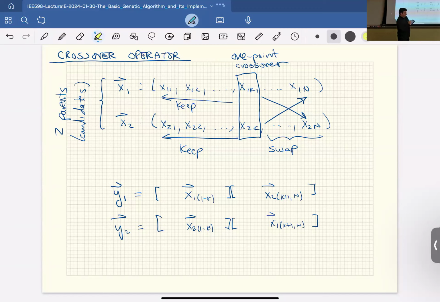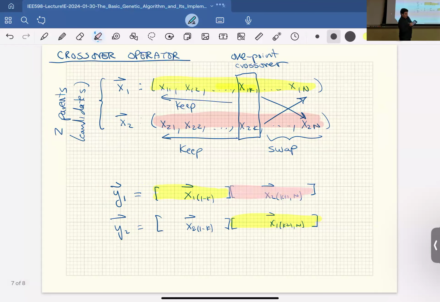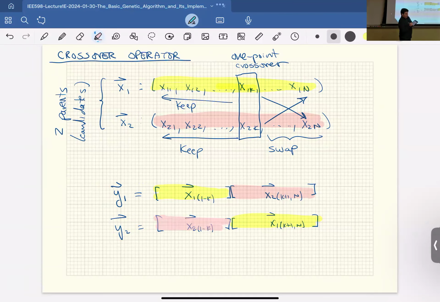If I were to color X1 all yellow and X2 this kind of pinkish color, then the offspring would end up having the variables like this. And this process always takes two parents in and generates two offspring out. And then these would be added to those M minus R, and then the process would repeat.